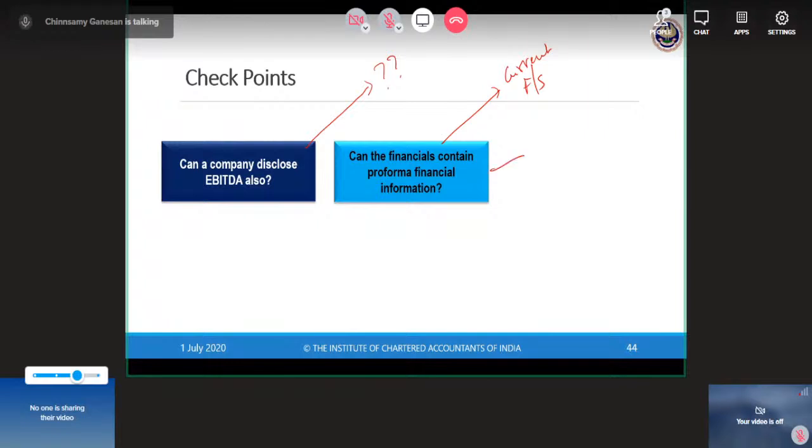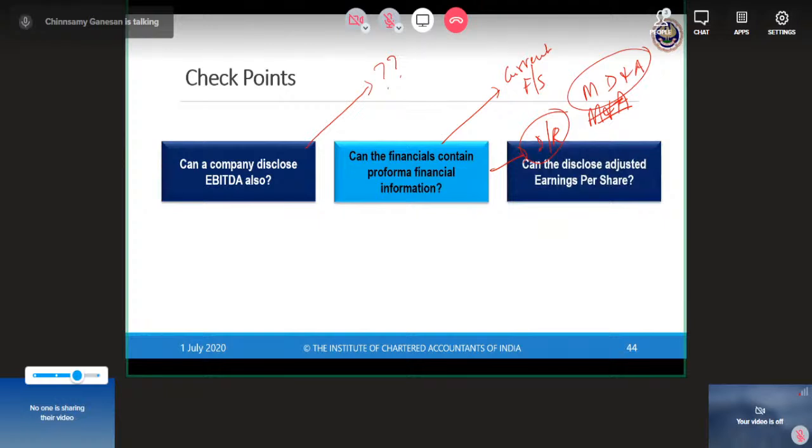It can go to the director's report or another thing which we call management discussion and analysis, MD&A. So here we will ask them to include it and not put it in the notes and accounts.